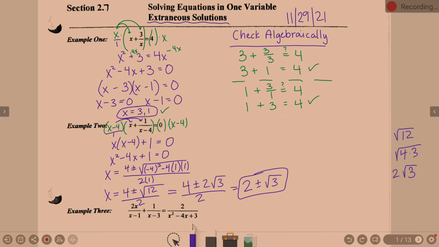But while we're here talking about checks, if we don't want to check algebraically, we don't want to have to plug that back in. Which you can, with the use of a calculator, it makes it pretty easy. But what are your thoughts if I suggest that we try checking this graphically? How would we check this graphically?